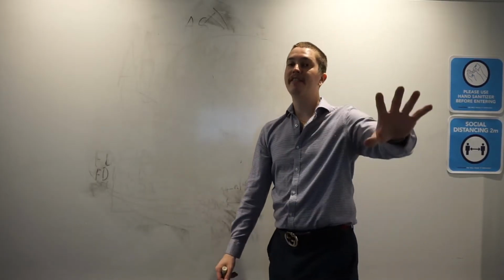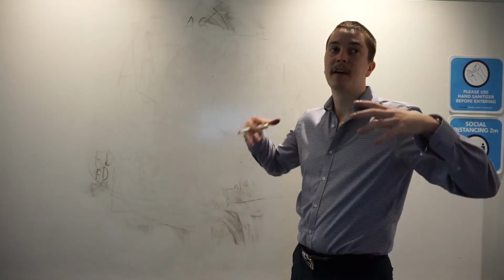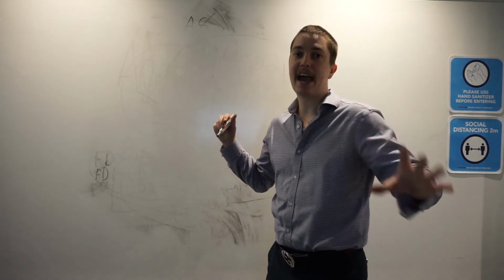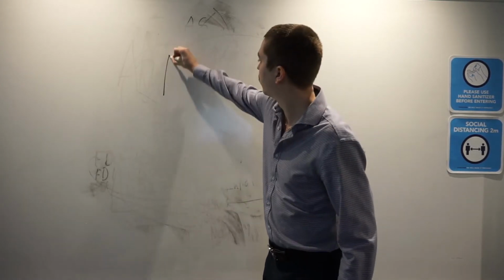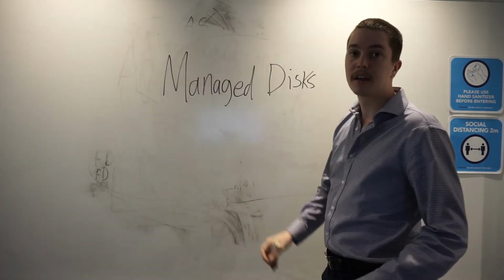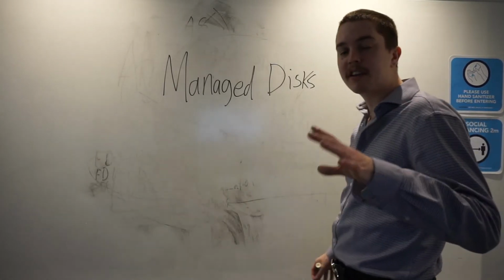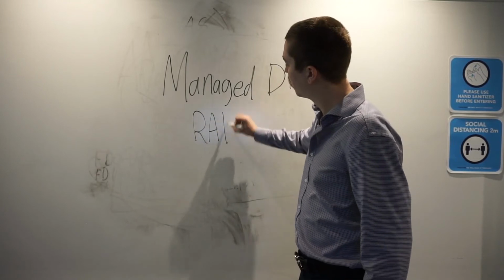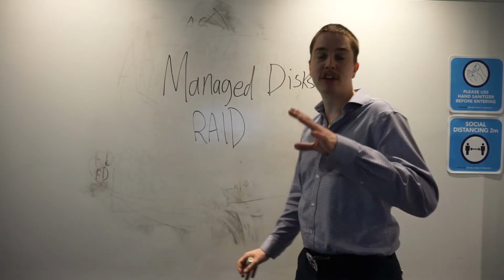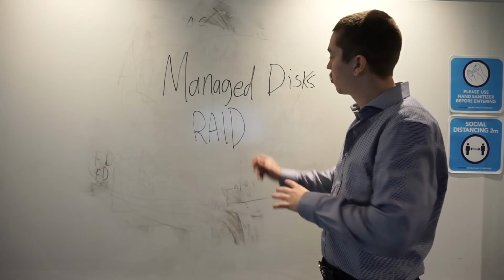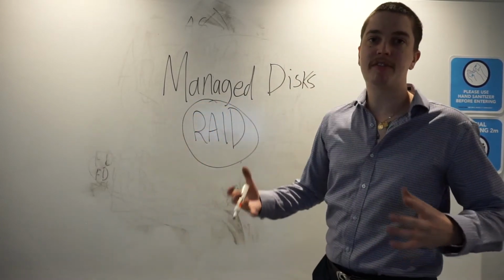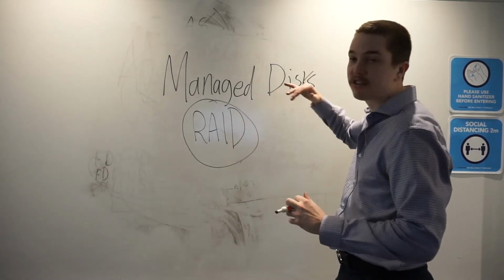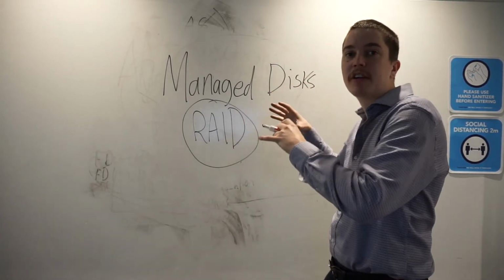Now our 5th and final point is managed disks. This is something you really need to know as an Azure administrator. If you're experienced in IT, you might have heard a term called RAID, redundant array of independent disks. So RAID is like a fault-tolerant, redundant storage kind of network, whereas managed disks is kind of the Azure, the cloud version of that.